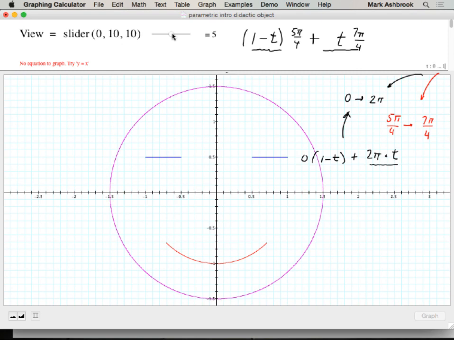So what does this do? This gives all angle measures. So before that, let's get the smile first before the eyes. But this gives all angle measures from 5 pi over 4 to 7 pi over 4 as t goes from 0 to 1.